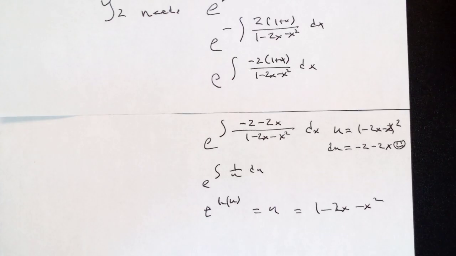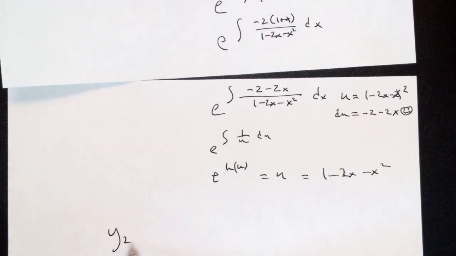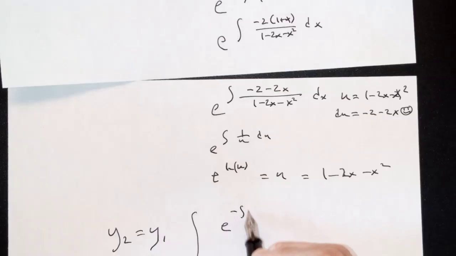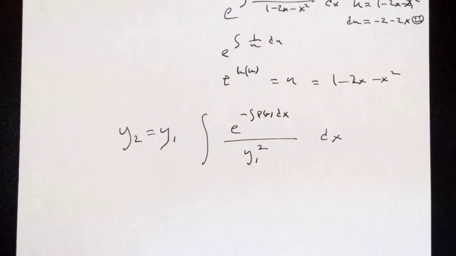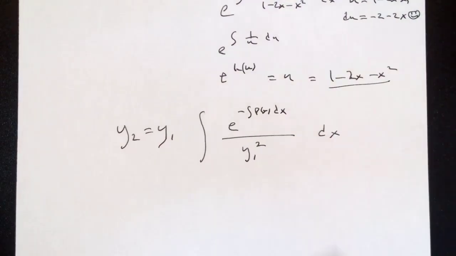Now, the formula says y2 is y1 times the integral of e to the negative integral p of x dx over y1 squared dx. We just worked out the top. The top is this.